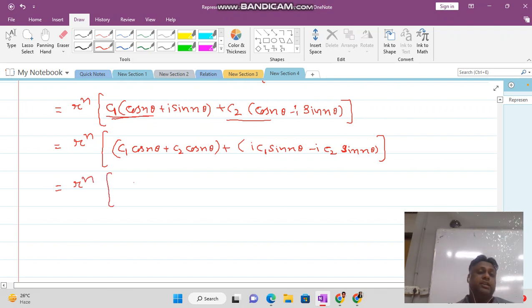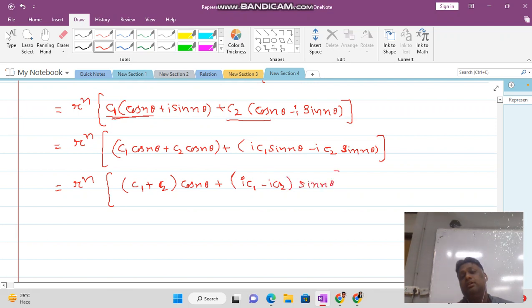You take cos n theta common from the first part, c1 plus c2 into cos n theta, and take sin n theta common from the second, iota c1 minus iota c2 into sin n theta.